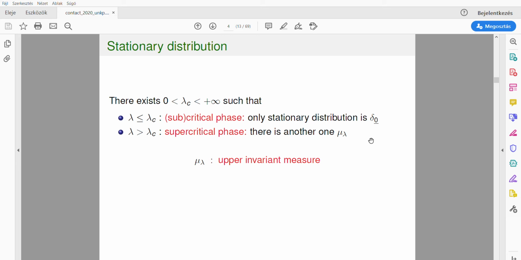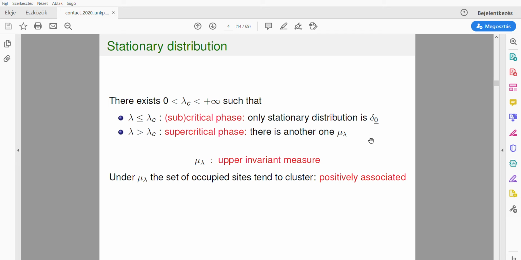So this is the phase transition of the contact process. And there is one thing that I would like to stress about the stationary measure of the contact process, the upper invariant measure. This is also a probability distribution on the configurations of zeros and ones on Z^d.